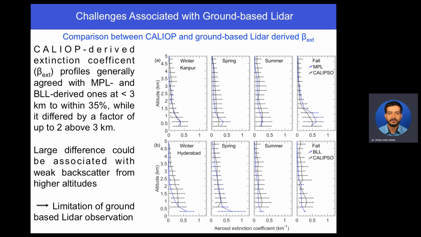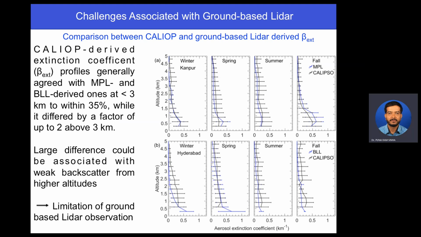which was the station operating the boundary layer LiDAR from National Atmospheric Research Laboratory, Gadanki, for a 1 year period during April 2009 to March 2010, and we compared the extinction coefficient for these two locations.